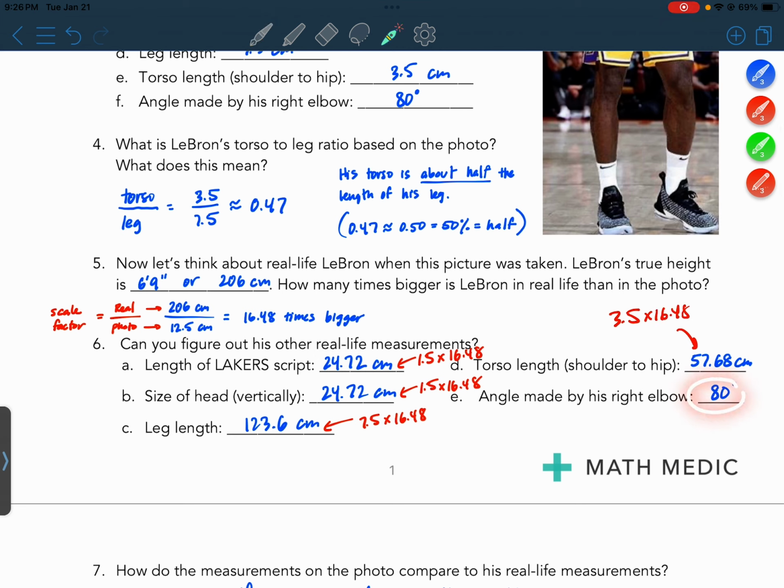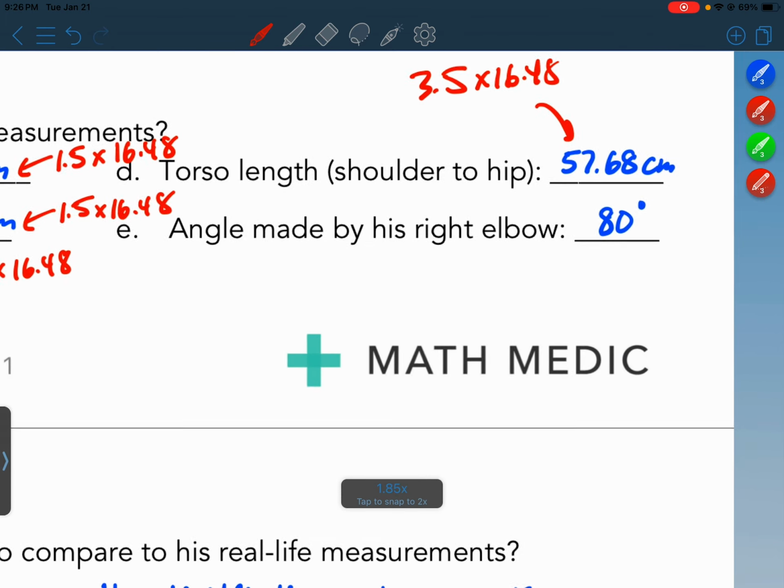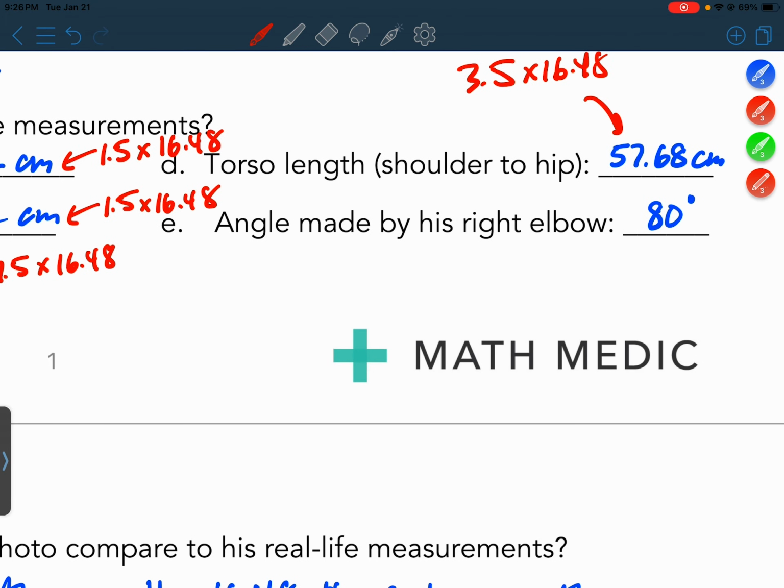And then the last one, the angle of his elbow. We don't need to multiply that one, because that's an angle measurement, which behaves differently than a length. Angle measurements actually stay the same when you scale an image. So let's make a note here.